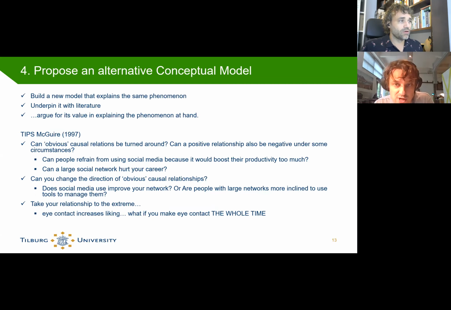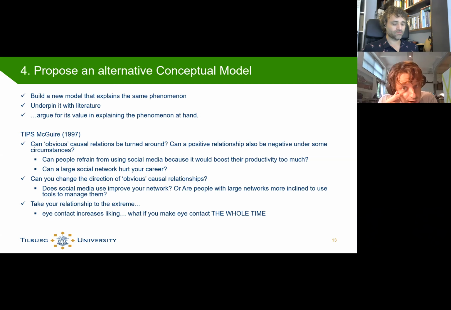Maybe you can propose direct relationships where they propose a moderated or a mediated relationship, and then support your alternative model also with literature, right? And argue for and make a case for the value of your model in explaining the phenomenon at hand.